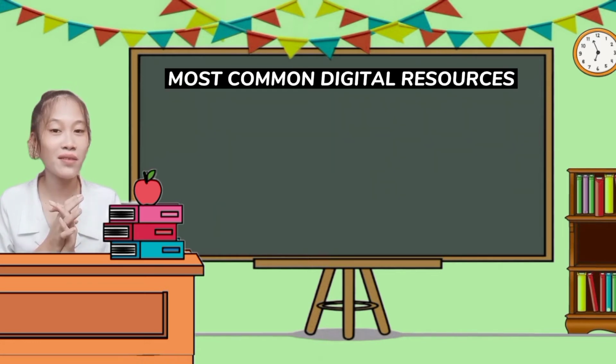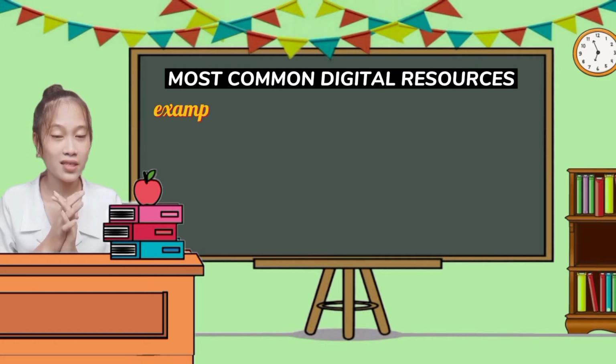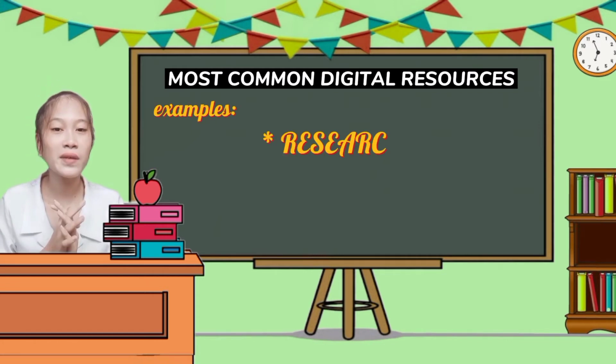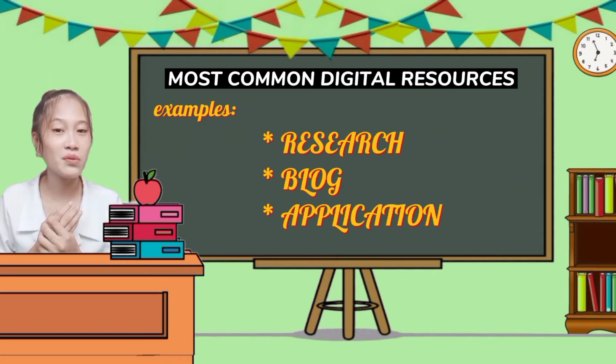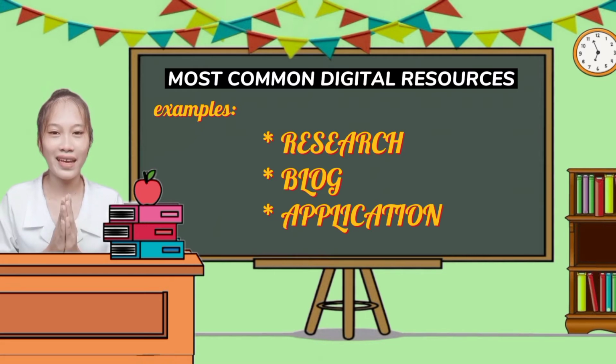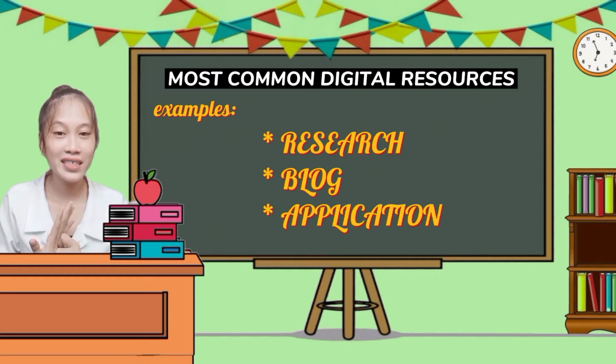So, what are the digital resources we students often use? First is the research paper posted online. We used it as our review of related literature. We also used it as a defense when we have a debate. Next is the blog, which provides us an answer to a certain question, for example. Then next is the application.